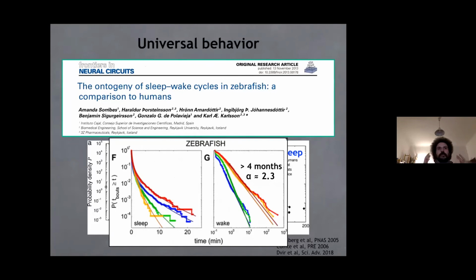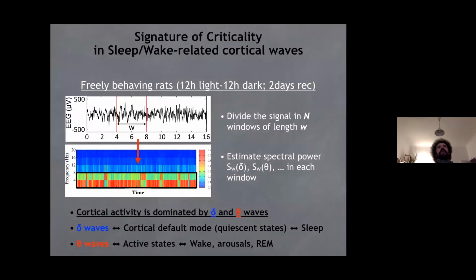So what I'm trying to do here today is to show you some evidence supporting the hypothesis that these brief awakenings and arousals during sleep could be a projection at the behavioral level of some underlying tuning at criticality, which may provide and preserve the necessary flexibility to switch between different behavioral states.